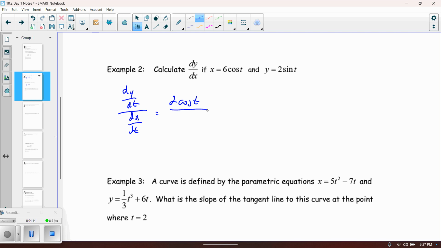The derivative of the x portion with respect to t will be negative 6 sine of t. And then just doing a little bit of simplification, the 2 over the negative 6 becomes negative 1/3. And cosine of t divided by sine of t is cotangent of t. So we get negative 1/3 cotangent of t.